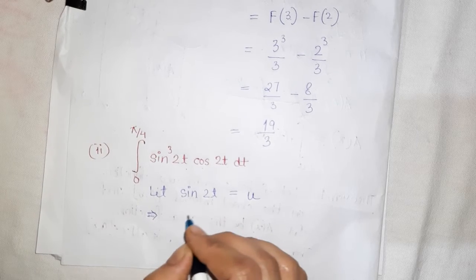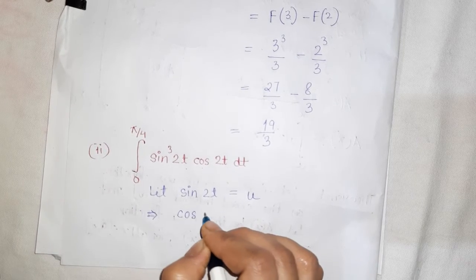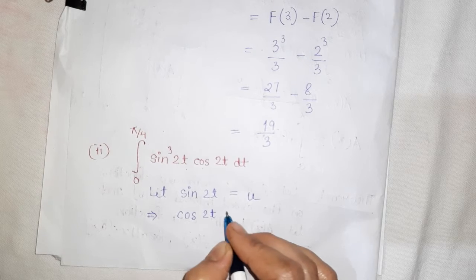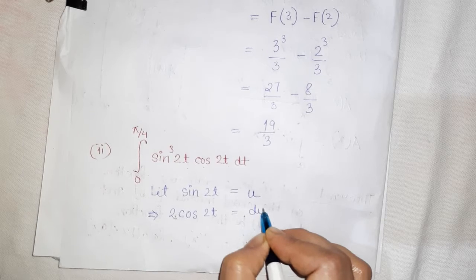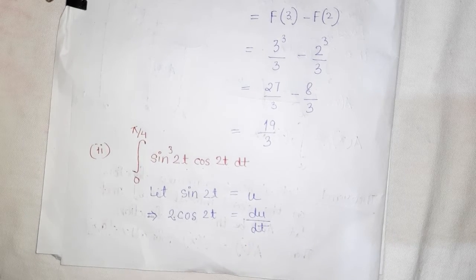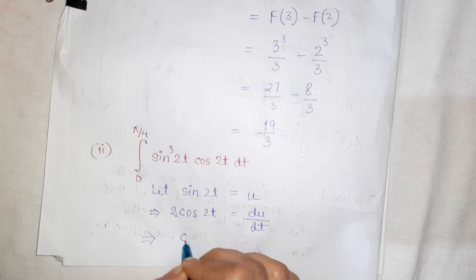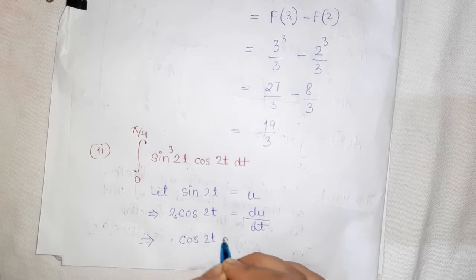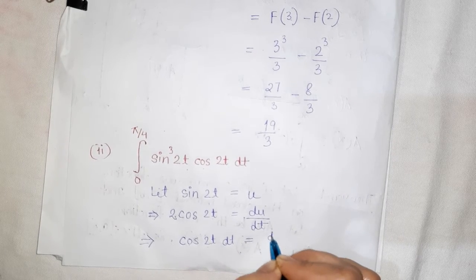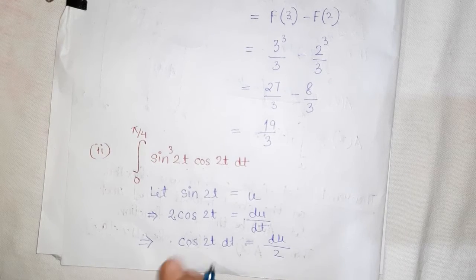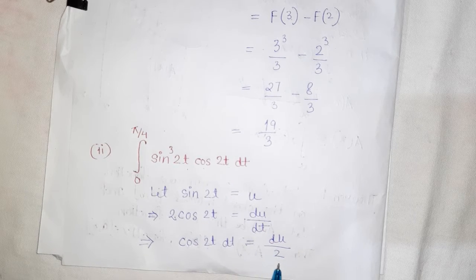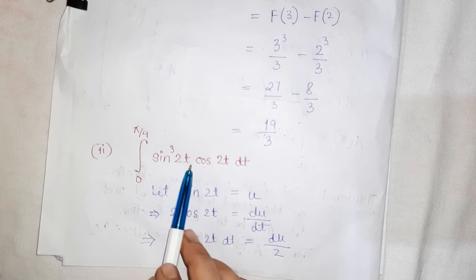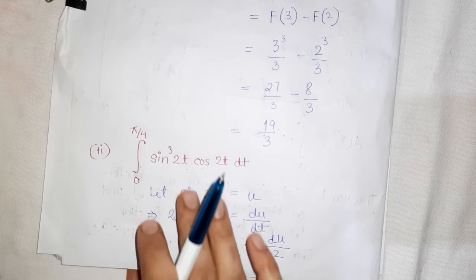This implies, differentiating sin gives cos 2t, and again by chain rule you will get 2 here, equals du by dt. This gives cos 2t dt is equal to du by 2. So in the question, where cos 2t dt was, you can write du by 2, and sin cube 2t we write as u cube.